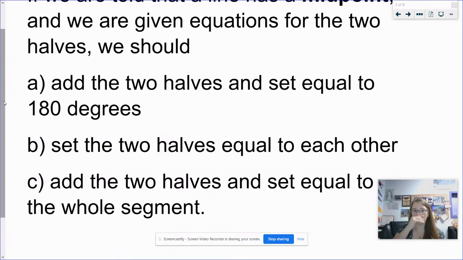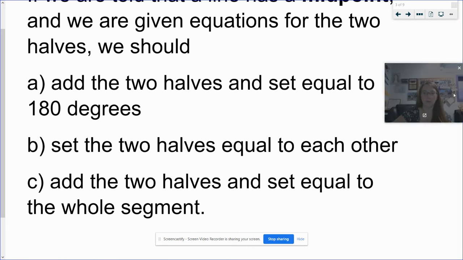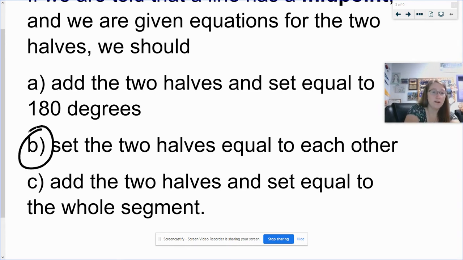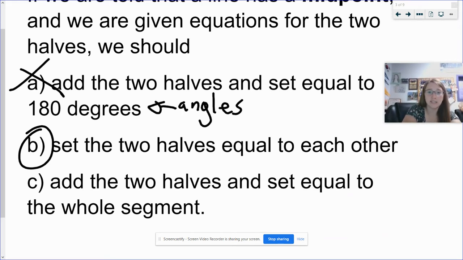Add the two halves and set them equal to 180, set the two halves equal to each other, or add the two halves and set equal to the whole segment? Go ahead and answer. Well, what we just did was B. We set the two halves equal to each other. A cannot be correct because 180 degrees is for angles, and we're talking about segments. So when you're dealing with segments, you're not talking about 180 degrees.